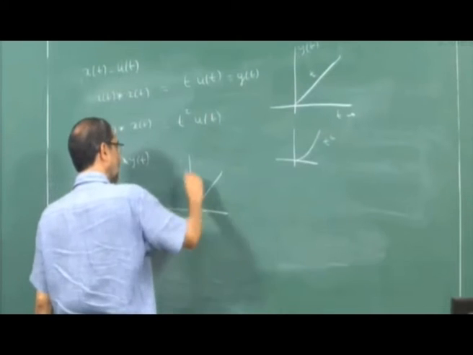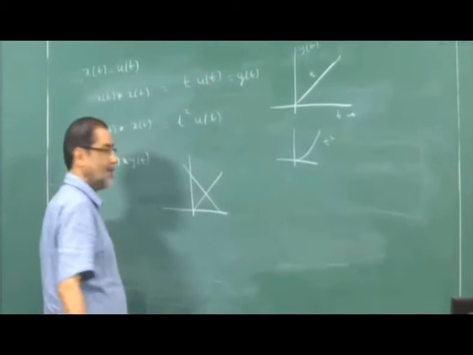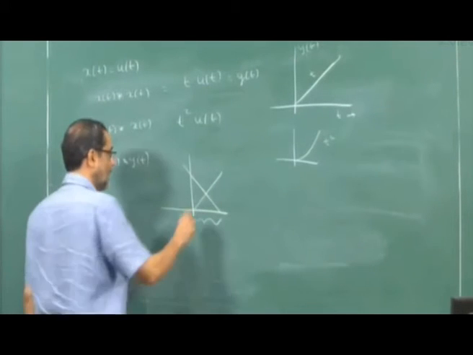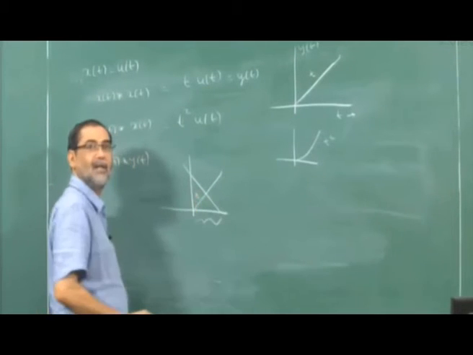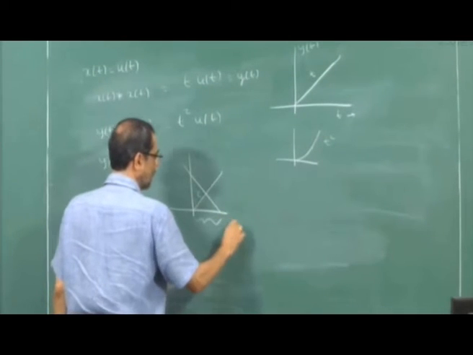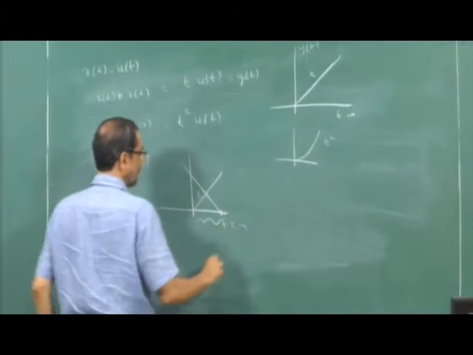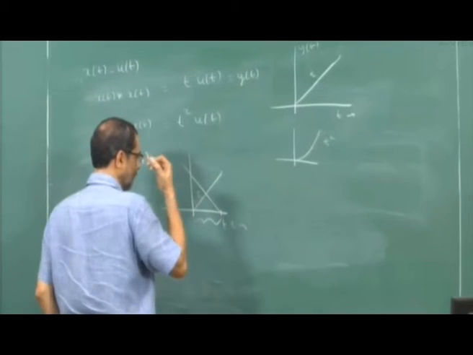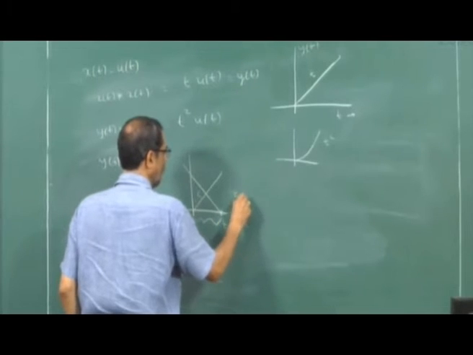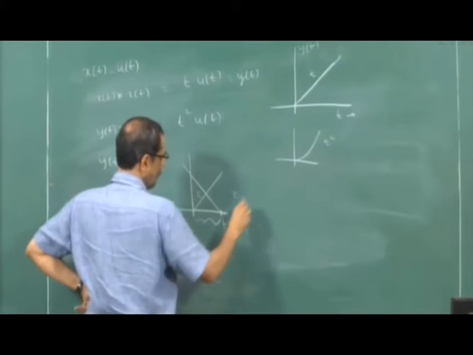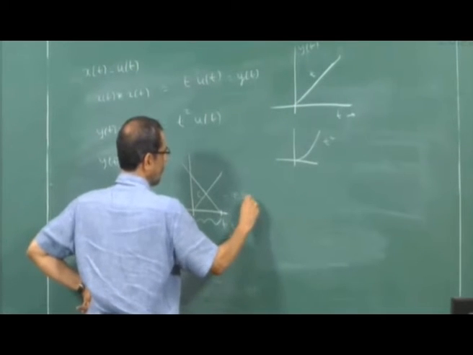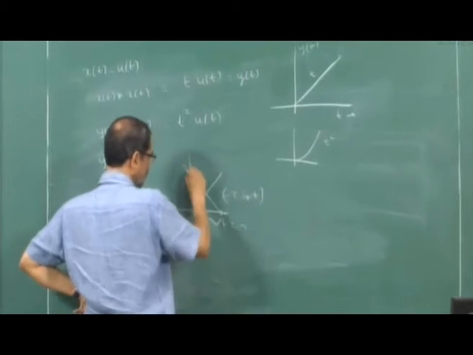So at a particular point in time, it will be something like this. This function is tau, somewhere here is t, and this slope is 45 degrees. So it is minus tau plus t. That's the equation of this line.